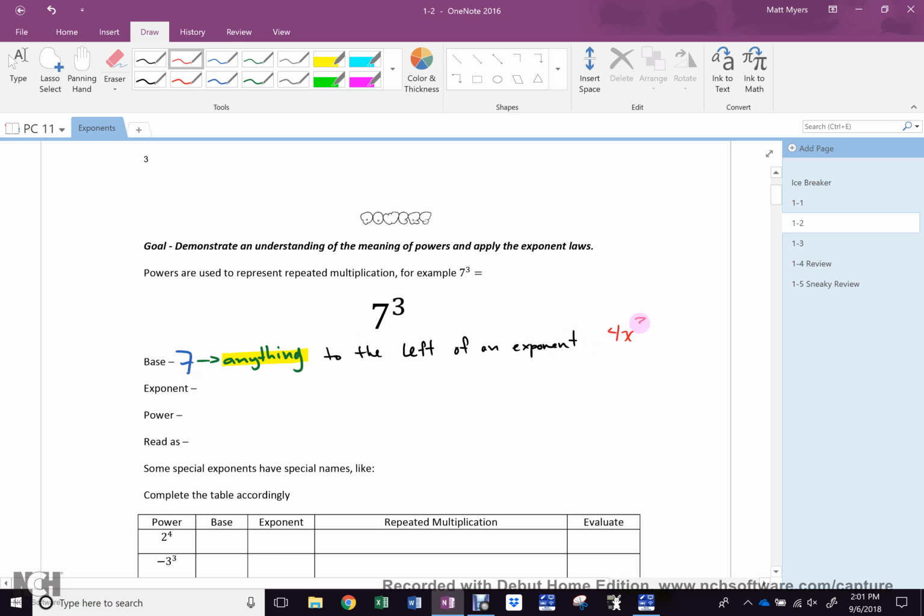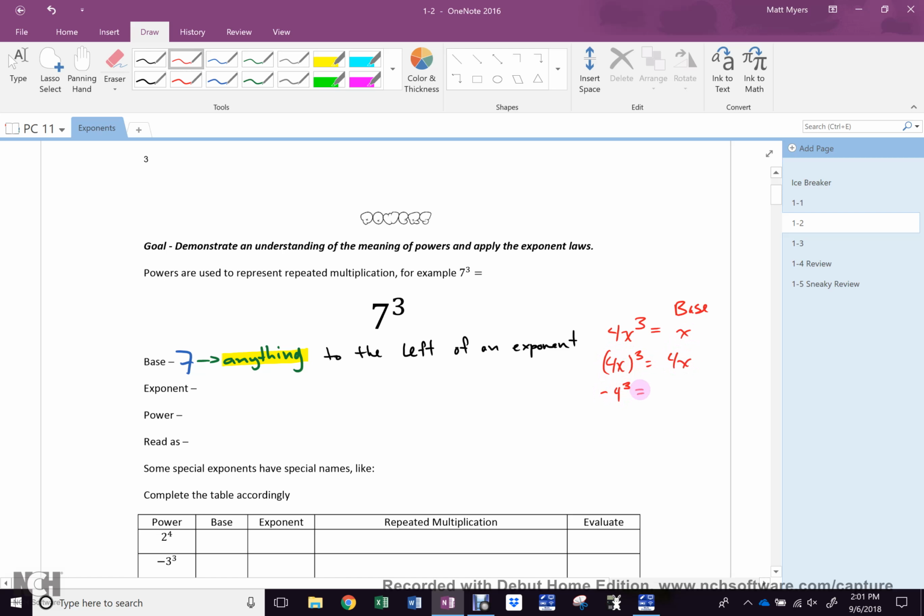4x cubed. What's the base here? What's the base? No. X. 4x cubed. What's the base? 4x. Negative 4 cubed.